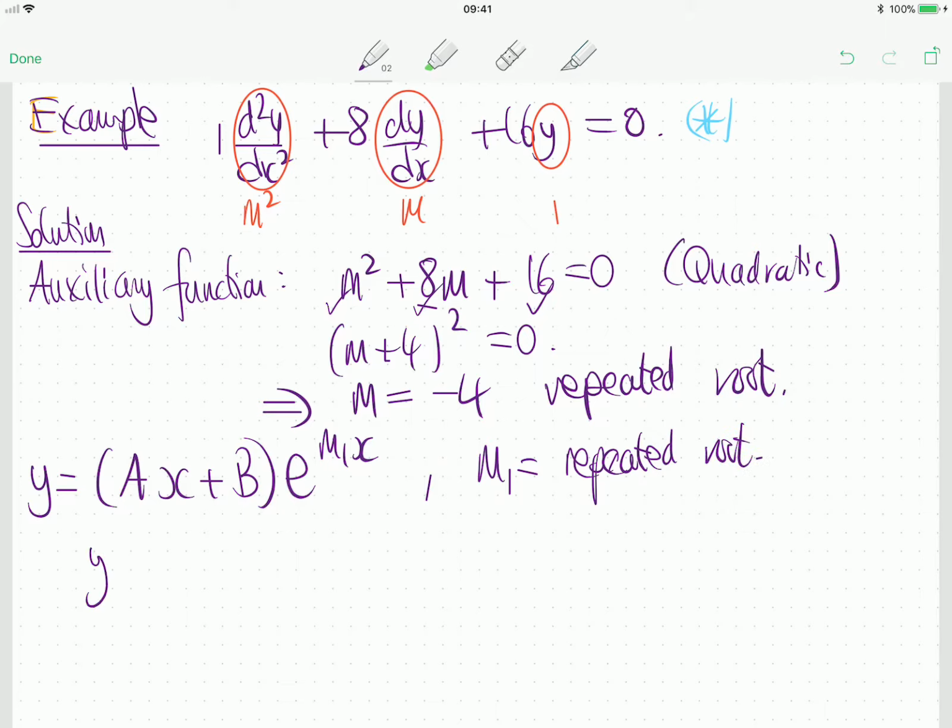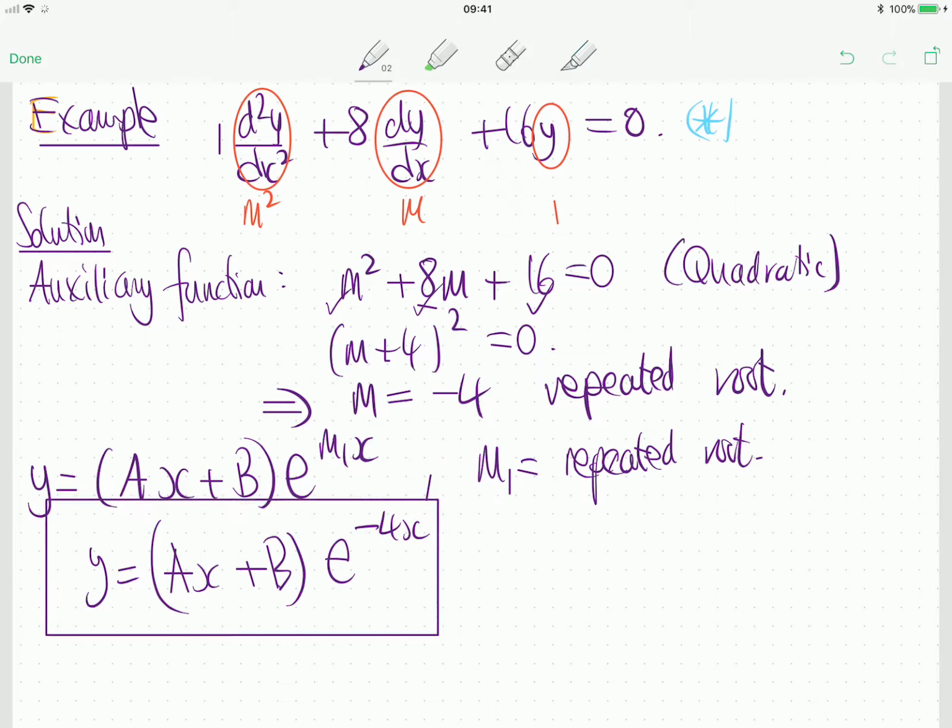If we know that, we can figure out the final answer very, very easily. The repeated root is -4. So the final answer is y equals (ax plus b) e to the power -4x.